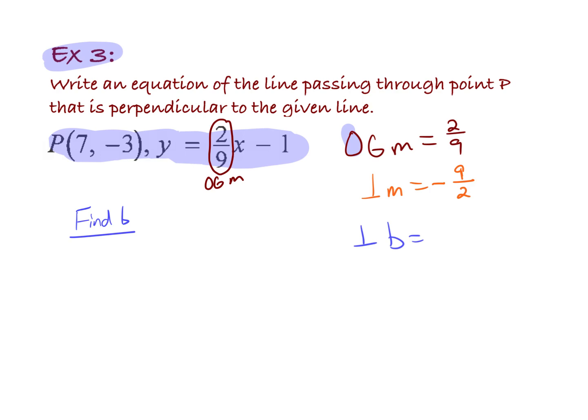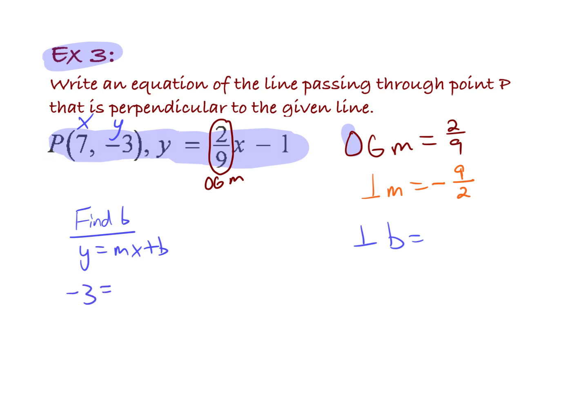And Angie, what equation do we use when we find B? Y equals mx plus b. And remember, this is my x and y, the coordinates, right? Okay. All right, class, what's my y? -3.